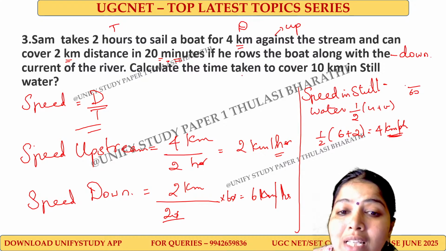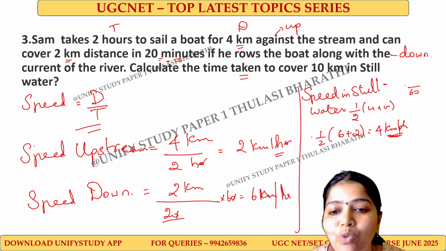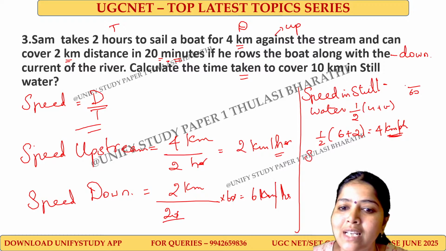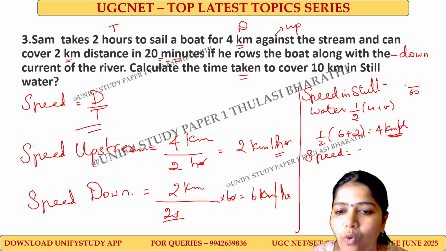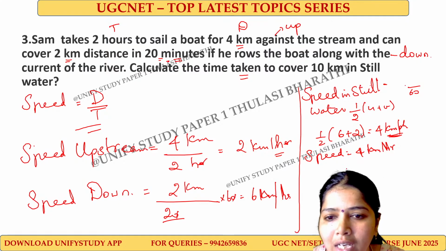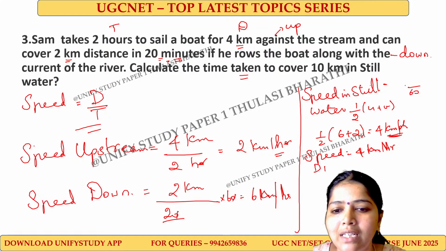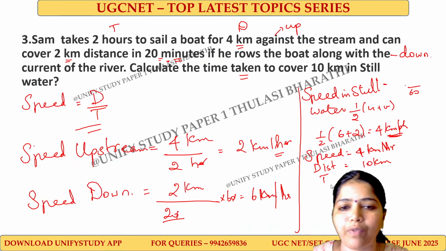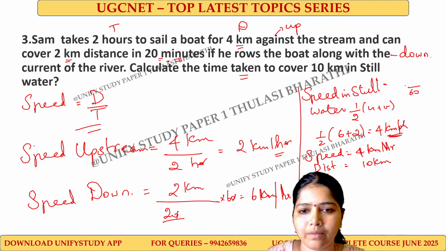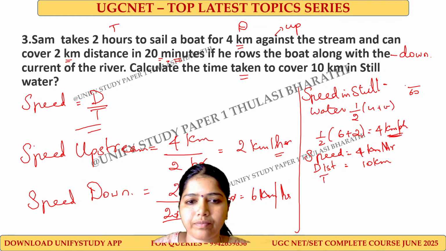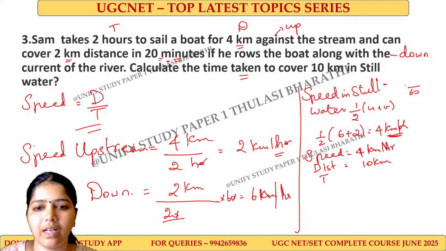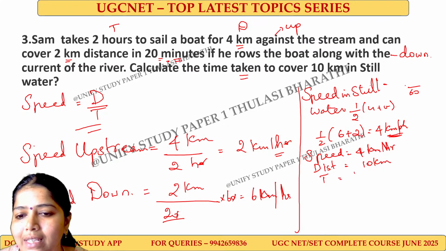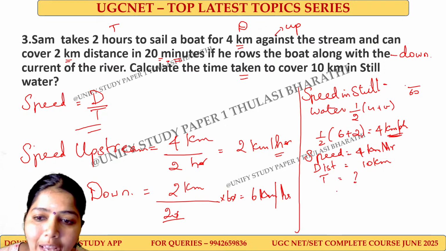But what is the question? The time taken. Speed we have calculated, 4 km per hour. What is the distance they have given? Distance is equal to 10 km. Then we have to find out the time. How to calculate the time?